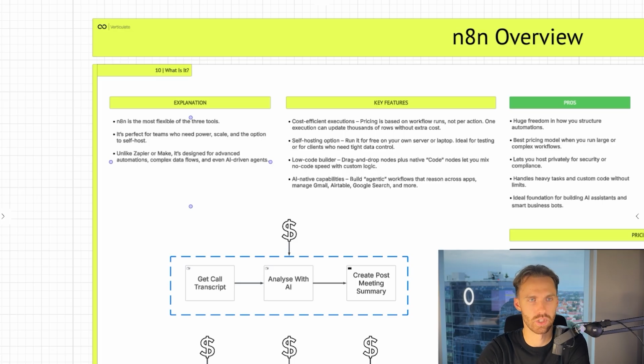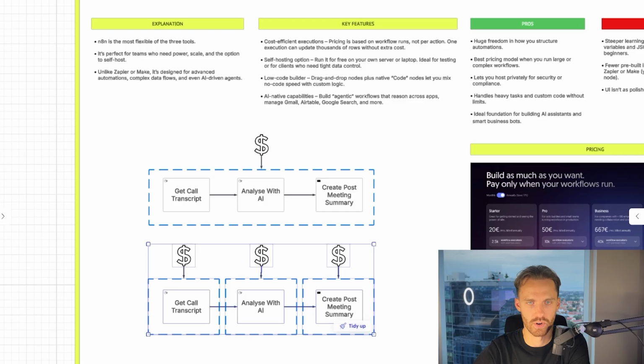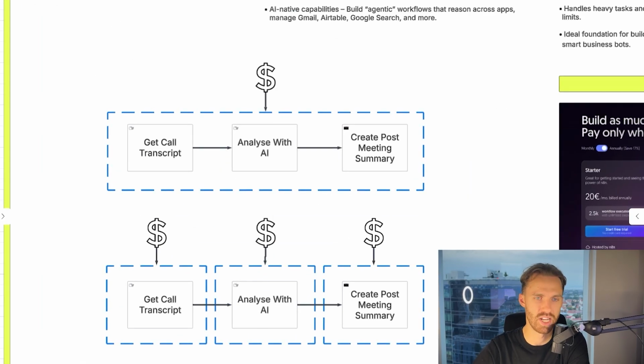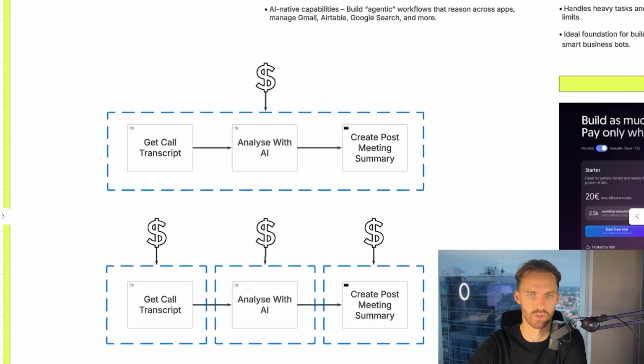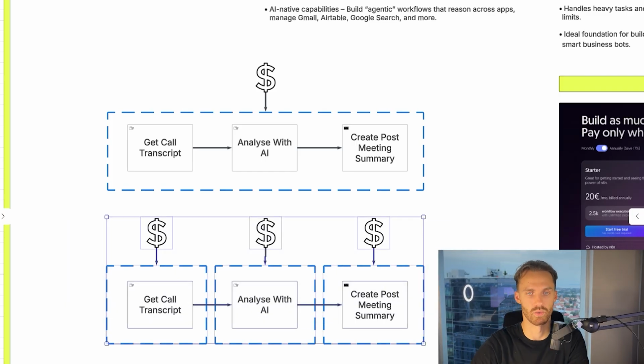And why self-hosting is really interesting is because how the previous platforms worked is that they would charge you for every operation or part of the automation. So for example, let's say you have 3 steps in the automation, you would be charged for this separately, right? So depending on how many of these steps you have in your workflow, it would charge you a significant amount.